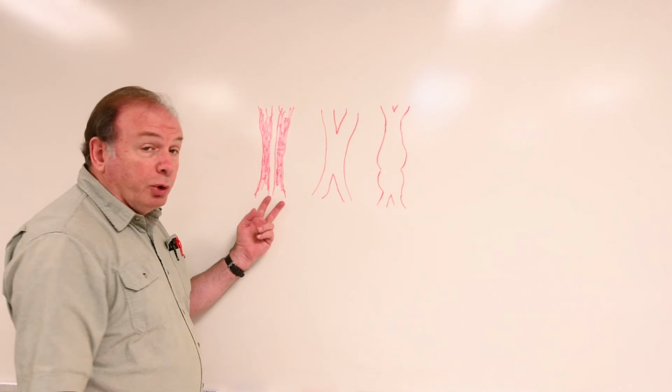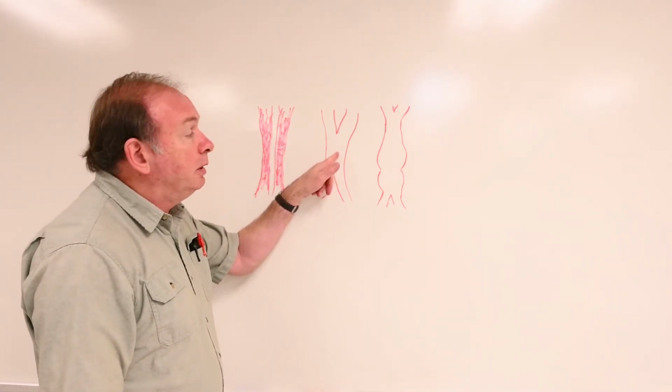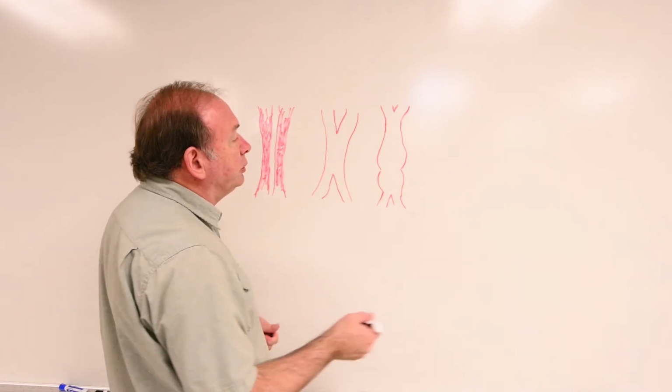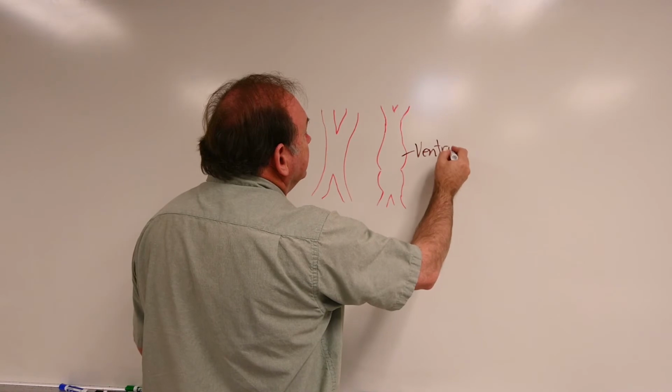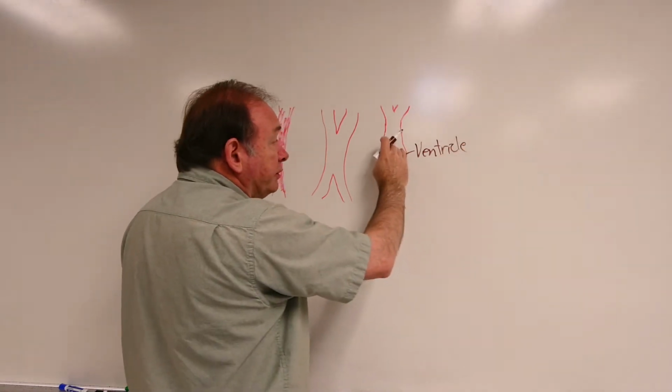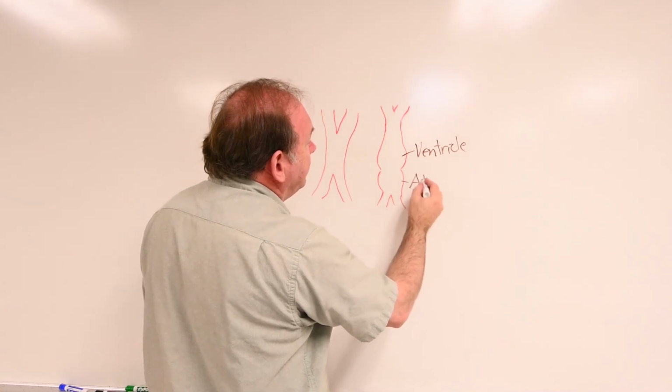So here's your two-tube heart that we start with. They fuse together in the middle. They make a single tube in there, and then eventually that single tube forms a ventricle. This is more anterior toward the head, and the atrium back here.